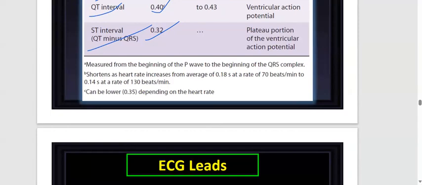Through those wires, we are able to collect the information, the machine accepts it, and then graphically presents the heartbeat and electrical conduction of the heart. Now we'll see the leads in this diagram.